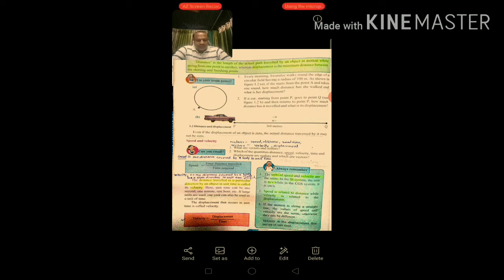Velocity is the displacement that occurs in unit time. Then next, in the first example, the straight line distance between the houses of Sheetal and Sangeeta is 500 meters, and the distance from Sangeeta's house to the school is 1200 meters.